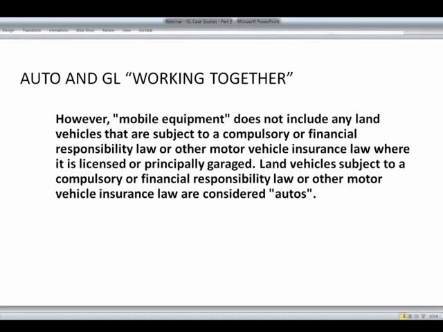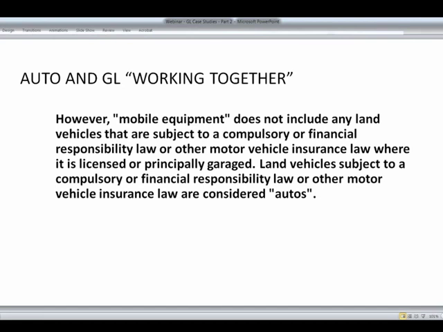However, mobile equipment does not include any land vehicle that is subject to compulsory or financial responsibility laws or other motor vehicle insurance laws where it is licensed or principally garaged. Land vehicles subject to a compulsory or financial responsibility law or other motor vehicle insurance laws are considered autos. So that's the discussion to go through to decide that.